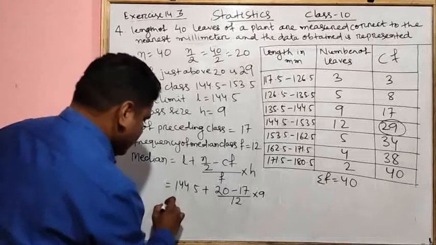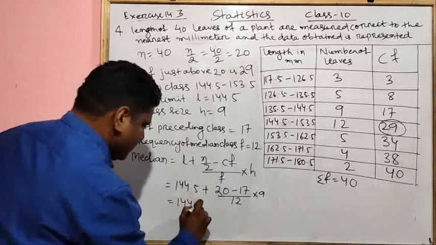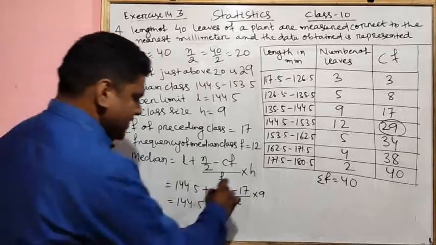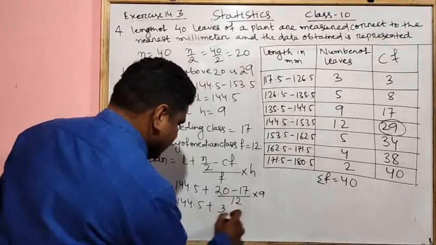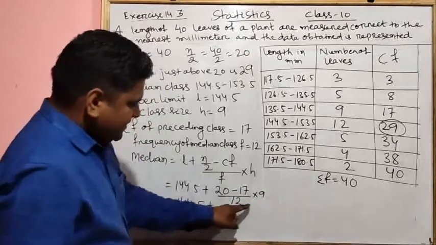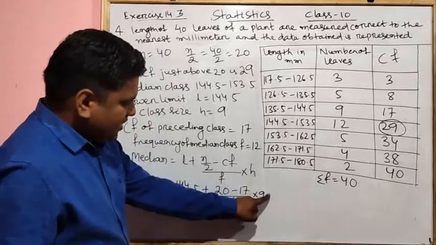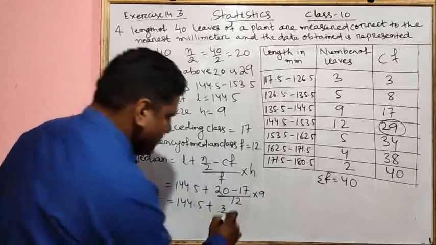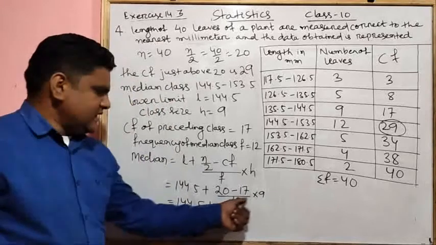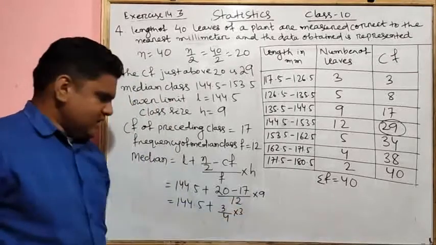So it will be 144.5 plus 20 minus 17 is 3, by 12, into 9. It can be minimized. Here we have 3 and here we have 4, 4 into 3, because 3 and 3 can be cancelled from both numerator and denominator.